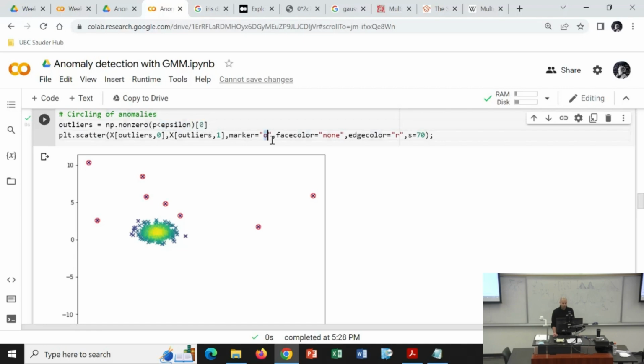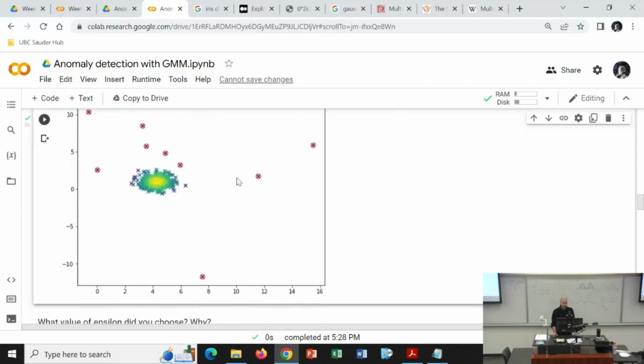I've marked them with a red circle, and you can see that exactly those 10 outliers are marked in red, which means that my classifier, which is unsupervised learning, has a precision of 100% and recall of 100%, and F1 score of 100%.